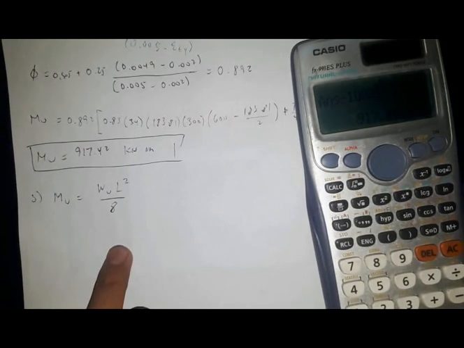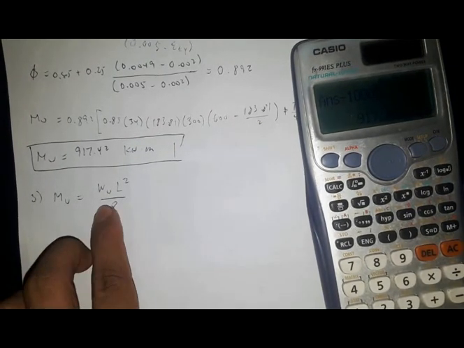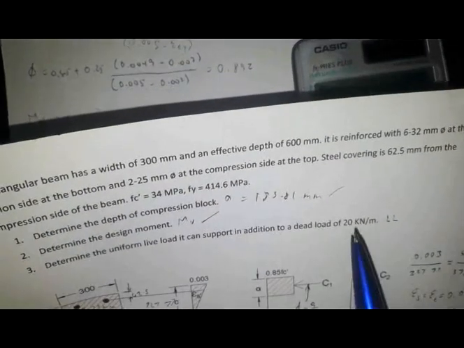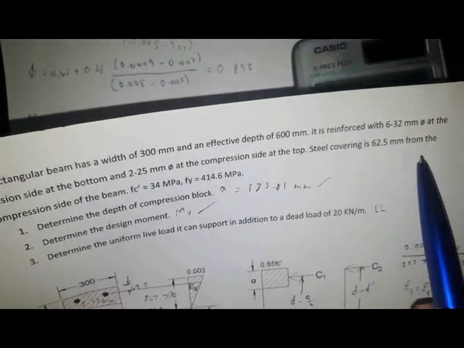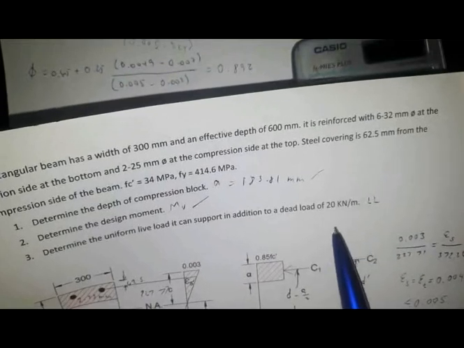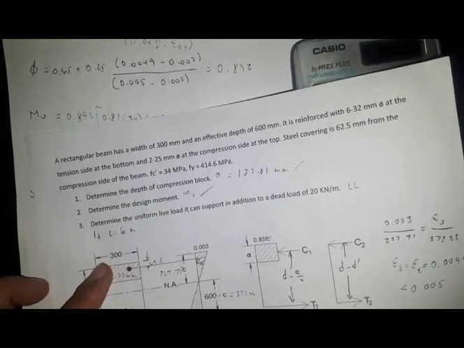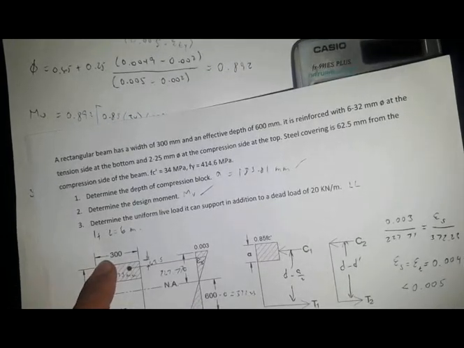We need W and L, but we do not have a given L here, so we cannot solve this. Let's add one: let's say L equals 6 meters, so that we can solve it.